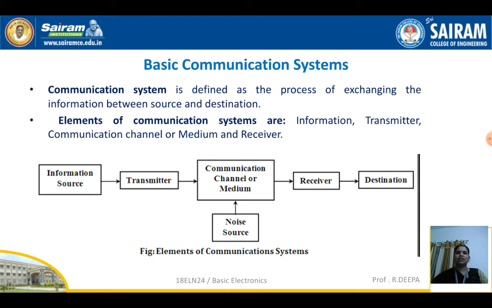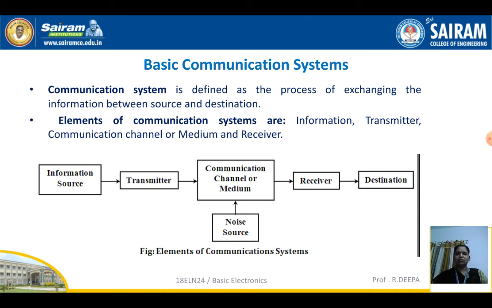The elements of the communication system are the information, the transmitter, the communication channel, or we can name it as a medium, and a receiver. It is shown in the form of a block diagram here. Initially there should be some information that you need to transfer, and then there is a transmitter which will transmit the information, and you should have some communication medium to transfer the information from one place to another.